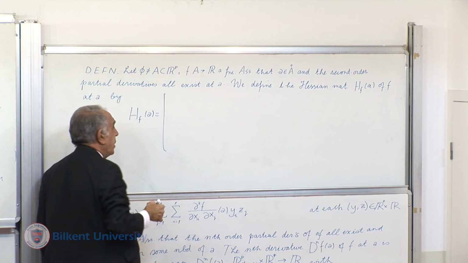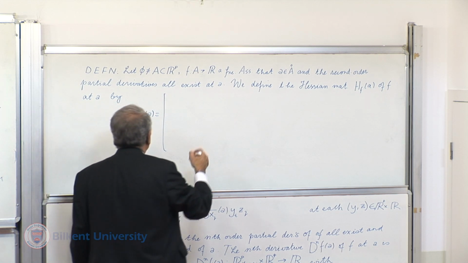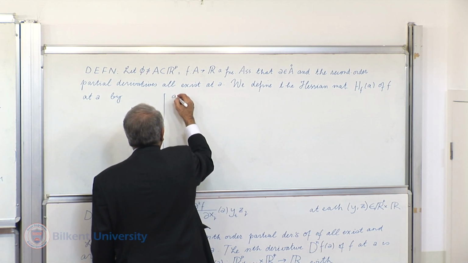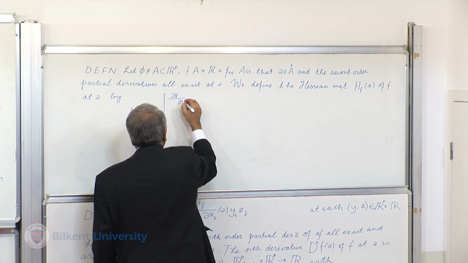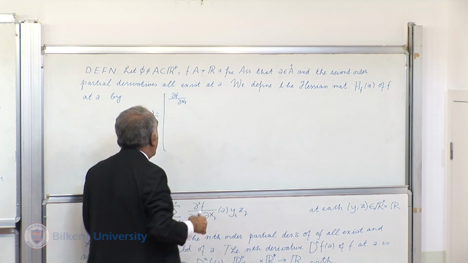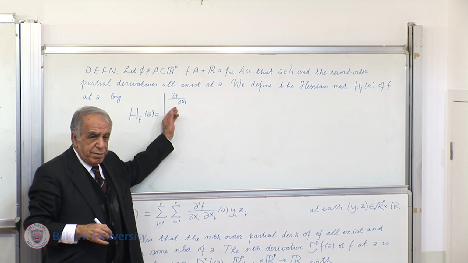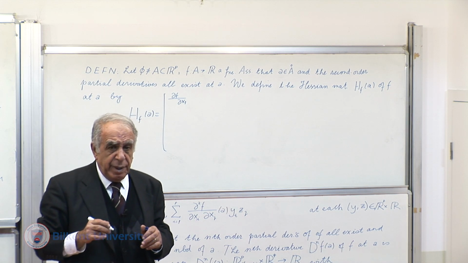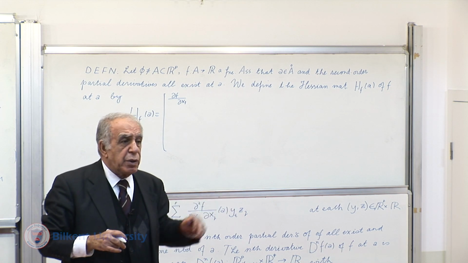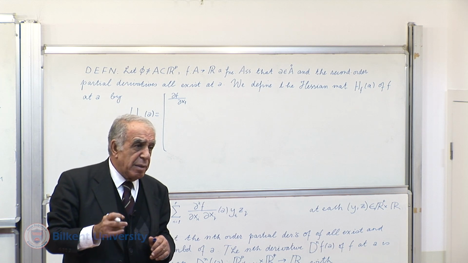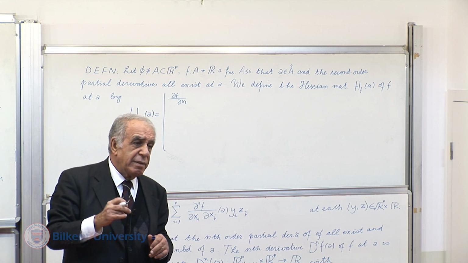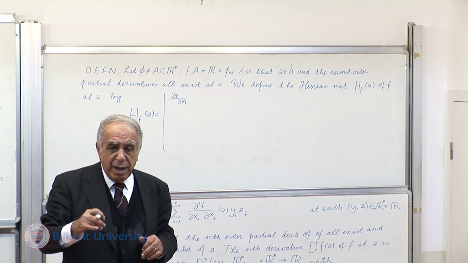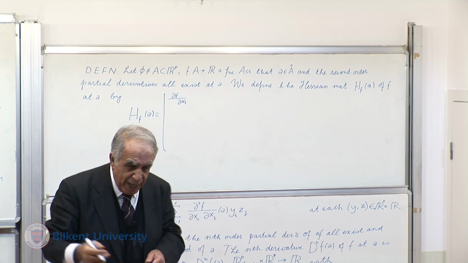Here we take the partial derivative of f with respect to the first variable, x1, and the first row will consist of the partial derivatives of the partial derivative of f with respect to x1 at a.